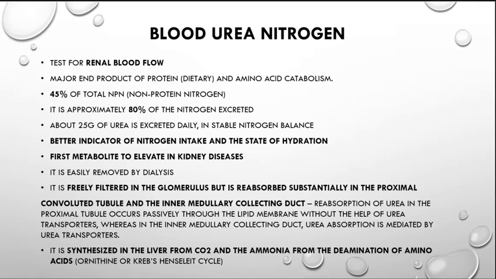Though BUN is derived from your liver, it doesn't necessarily mean that it is routinely part of your liver function test. Take note that this BUN is for the kidney function test. Remember that it is the first metabolite to elevate in kidney diseases.